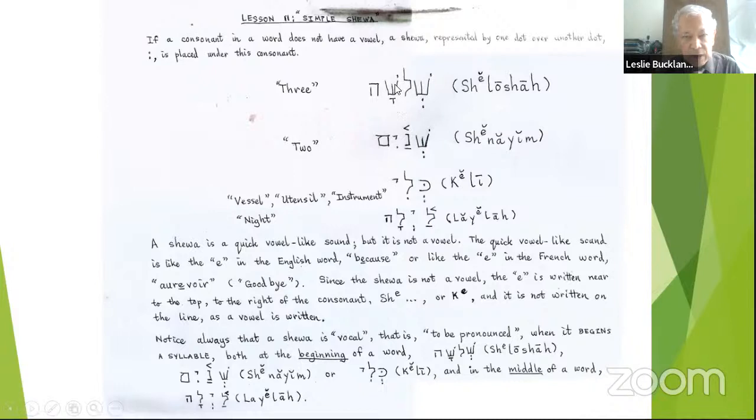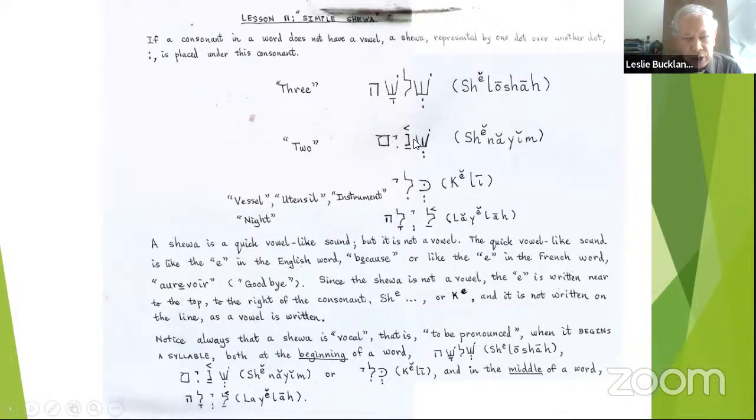Then you have lo, then you have the vowel kamets, which is our long A. So you have shalosha, and you have he, our H, which completes the word. So notice if a consonant does not have a vowel, then a schwa may be placed underneath it.